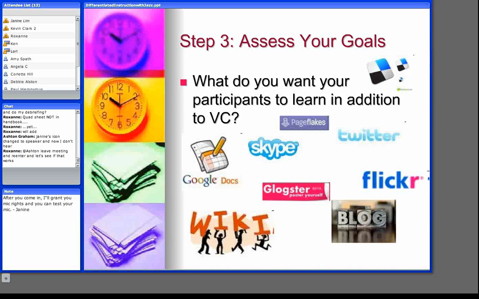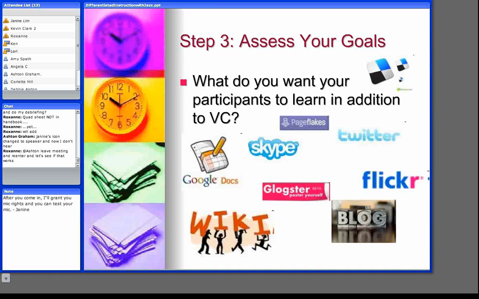Now, another thing to think about is what your goals are. I know in particular, some of you have things that you use in your district, or might be some things that are critical for you. I want to make sure everybody covers this. Twitter, I rarely do because most of my teachers probably aren't going to use it anytime soon.